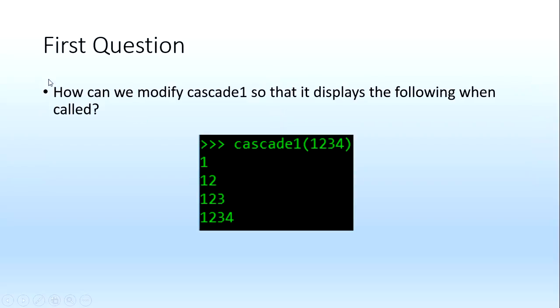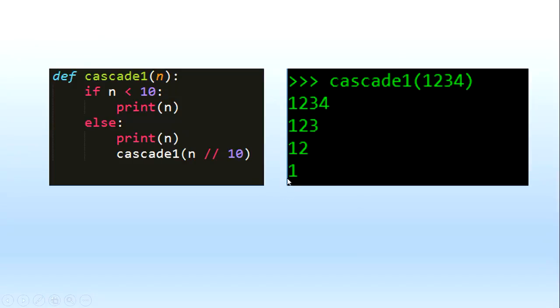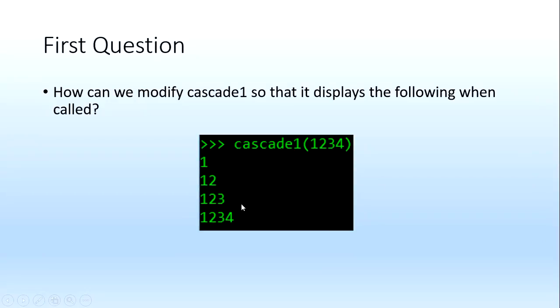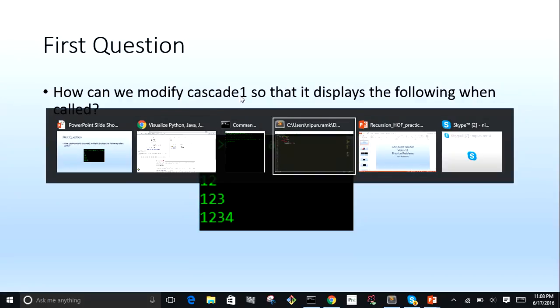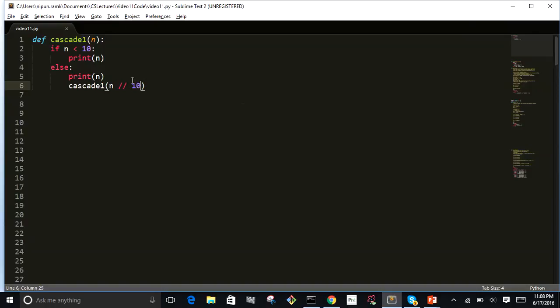Now, the first question I have today is how can we modify cascade 1 so that it displays the following one. So basically, before we had this pattern, now I want to get this pattern. So how can we do that? So I'll give you some time to think about it, but now I'm going to spoil the answer. It can actually be done with a very, very small modification to this function.